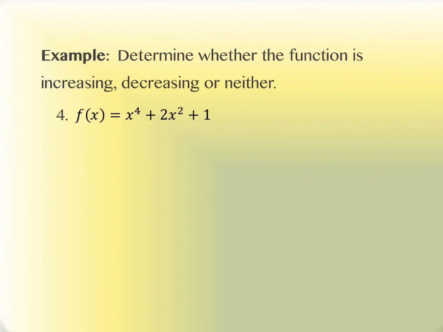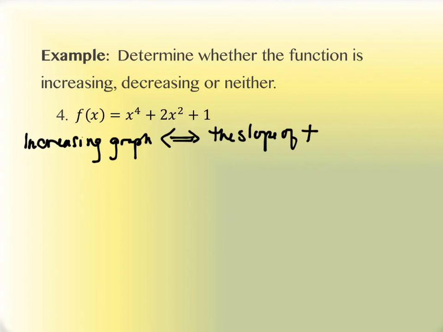Increasing. So we're going to jot these things down here because this is very important information for being able to answer this question. So when the graph is increasing, this is a two-way correlation. If you have an increasing graph, then the slope of the tangent line is positive. It's a positive number.